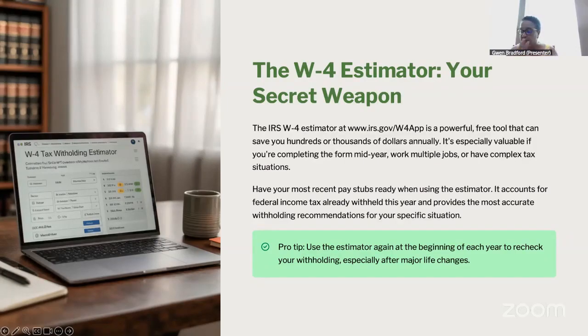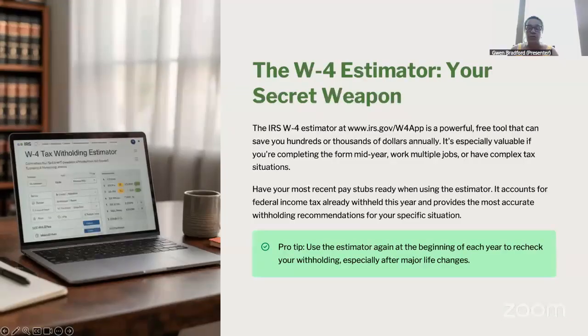You're going to have to put in your filing status, your age, your dependents, the number of jobs you work, the income from each position, your tax that has been withheld thus far, and then the tax credit information, your deduction information, and other income that you may have. You have to know this information so that you can get a true answer at the end as to what you should put on your W-4.